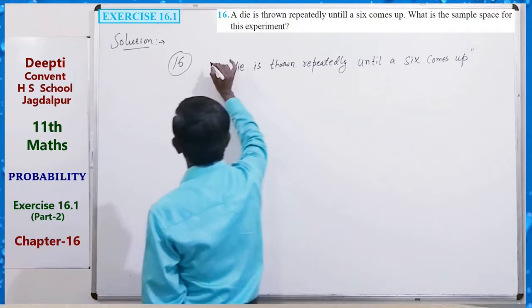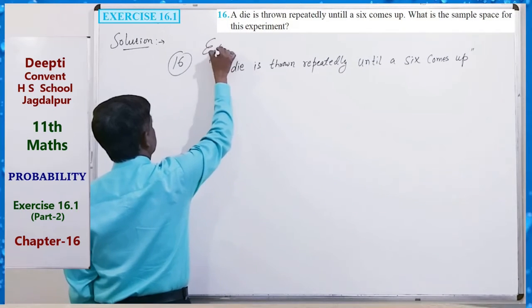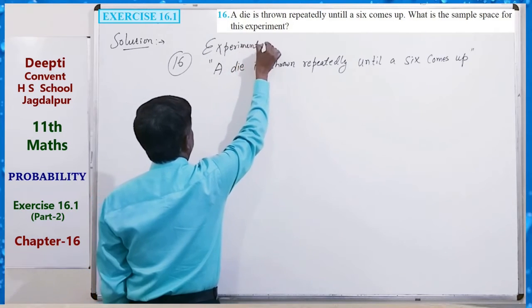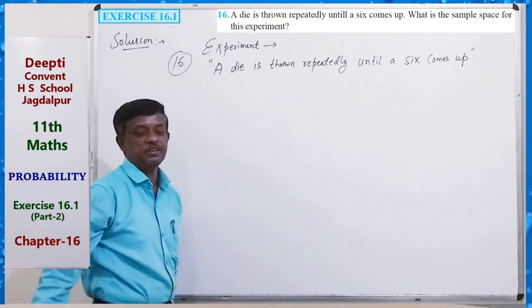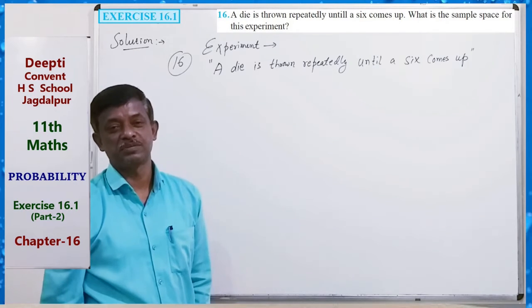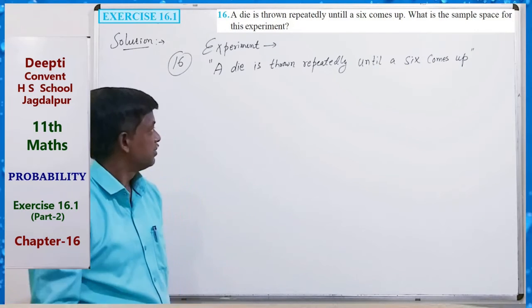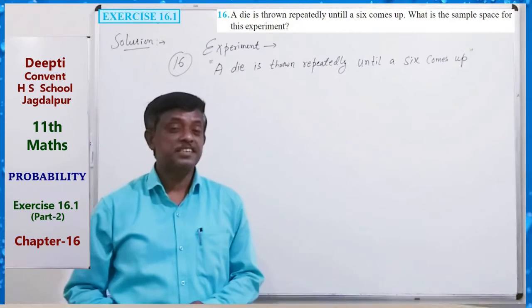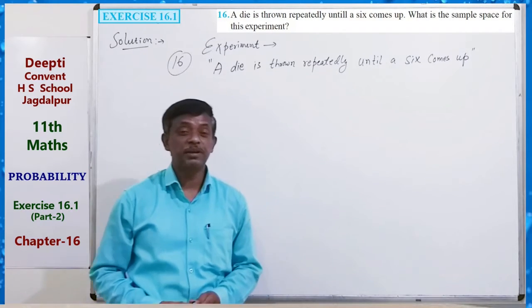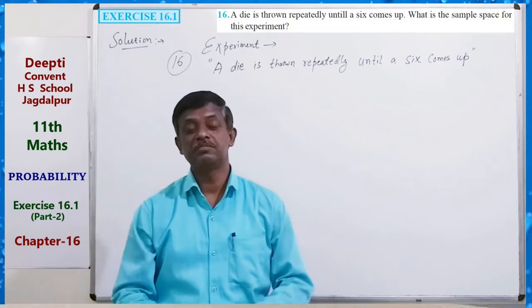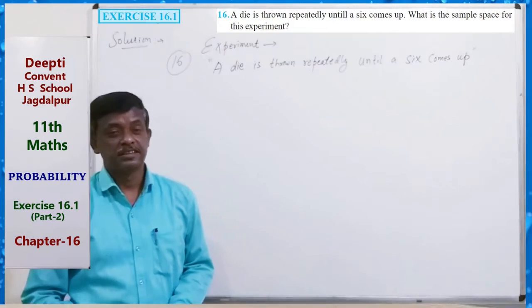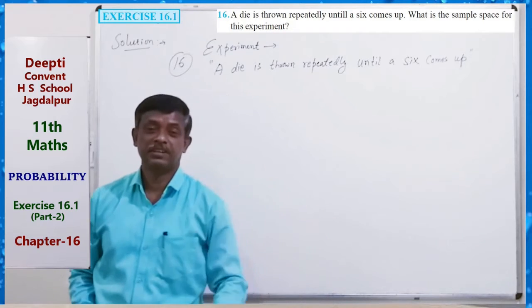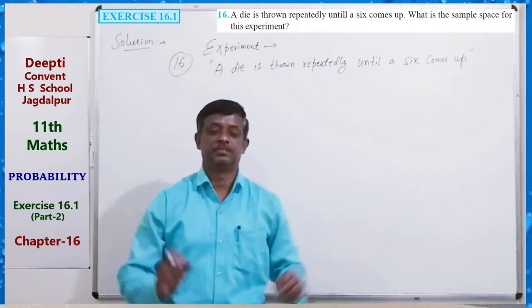This is our experiment, and we want the sample space for this experiment. In this experiment, 6 may come in the first attempt, in the second attempt, in the third attempt, in the fourth attempt, and so on.